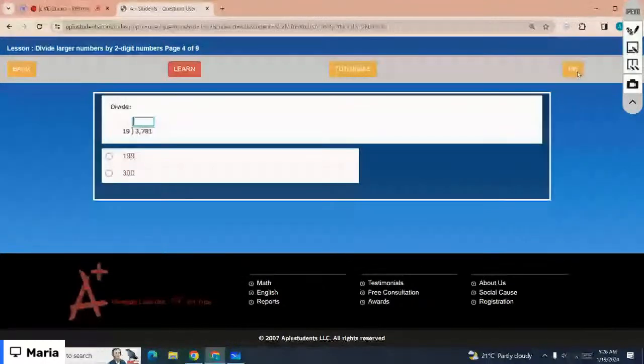The next one is 3781 divided by 19, which is the correct option.